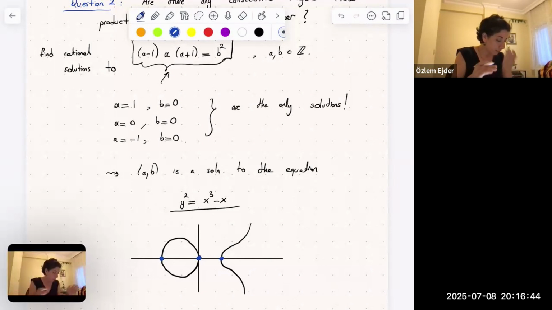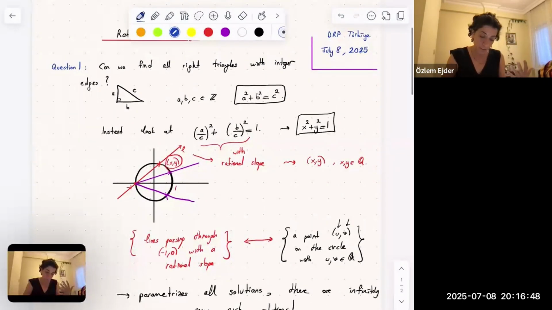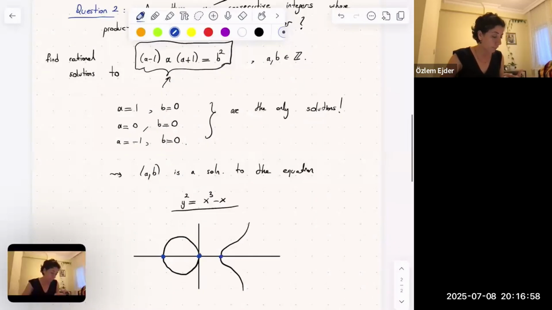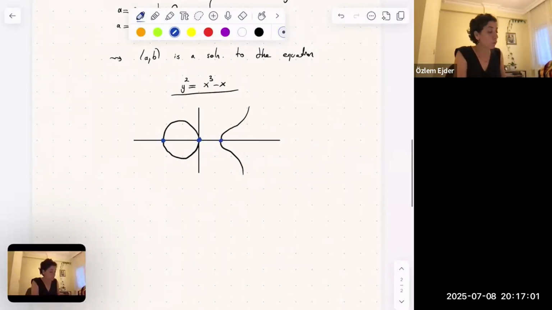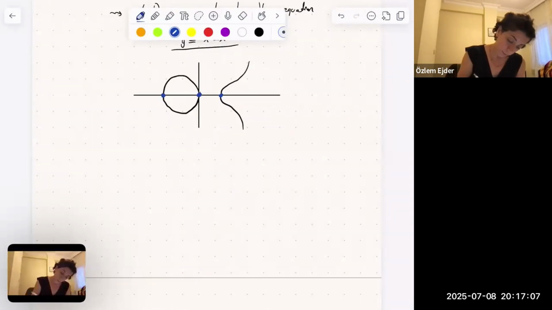Okay, so then what's the idea behind these two problems? I had in both a polynomial equation defined over Q, and I was looking at rational solutions to these. So then we can just sort of give a general picture. I'll denote this as one side is algebra, and the other side is geometry.